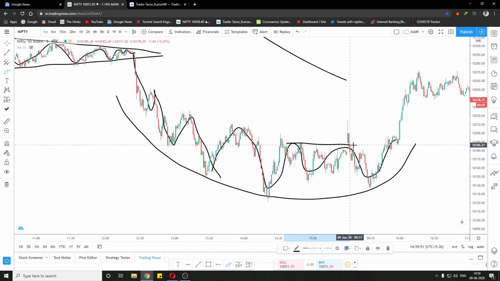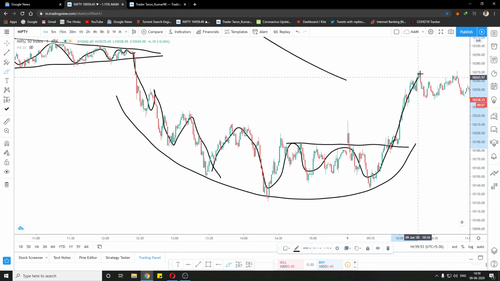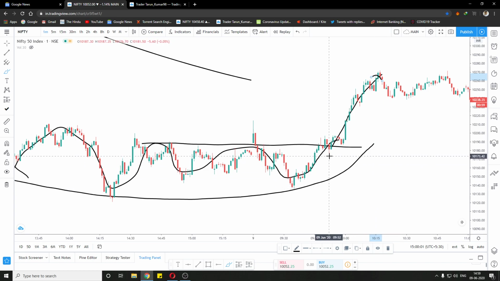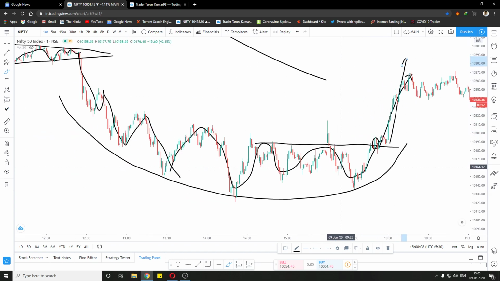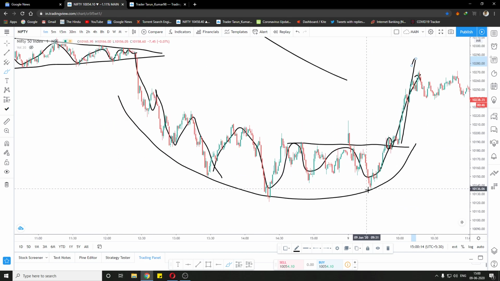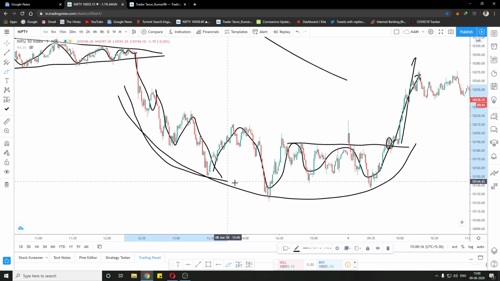So after the break of this level, I thought the market could go higher, and it did, and we achieved the target as well. I mentioned to buy at 9:51, the market was at this candle, and then we had a good 50 to 60 point rally, so almost a 70 to 80 point rally actually. So in this we had a rounding bottom.